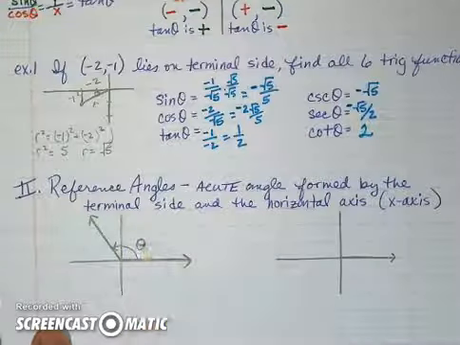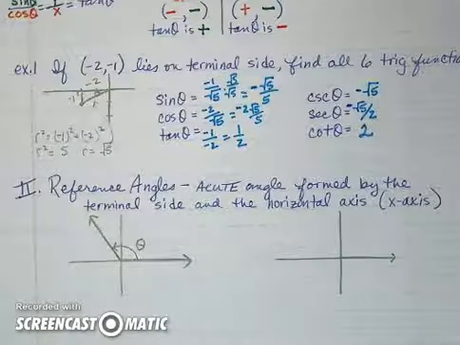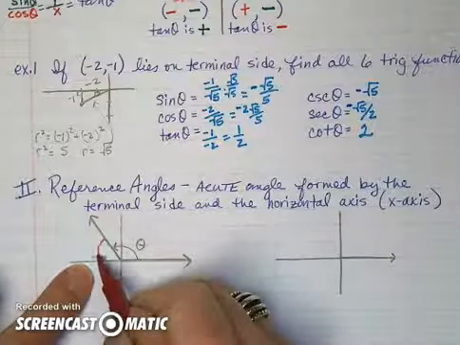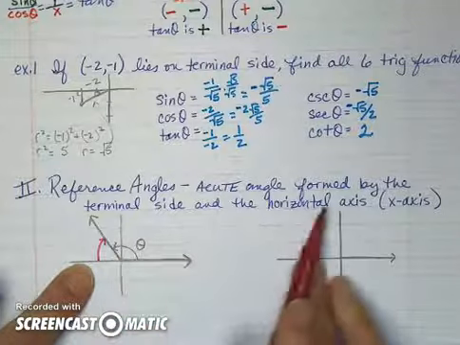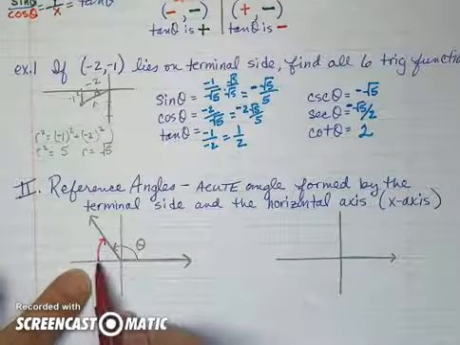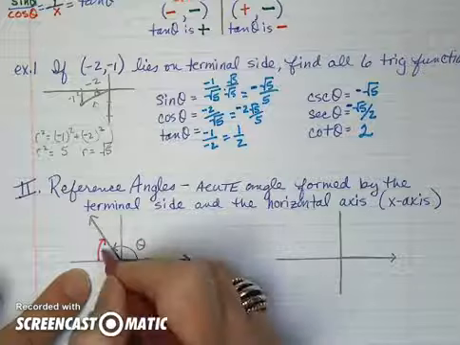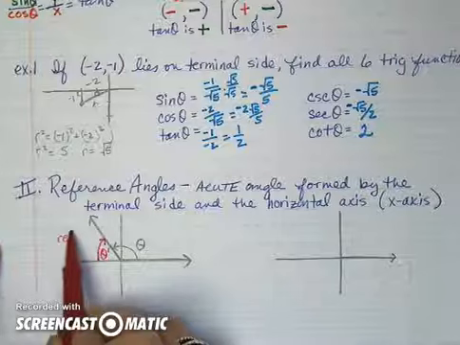Well, the reference angle for that theta would be right here, the shortest distance formed by the terminal side and the horizontal axis. You may see it as theta prime. That would be your reference angle.